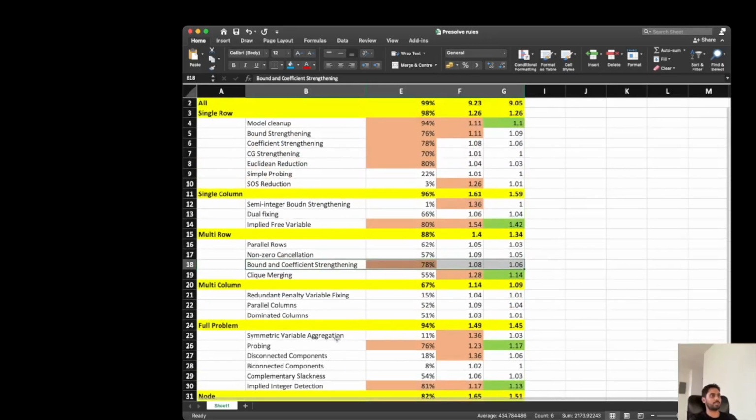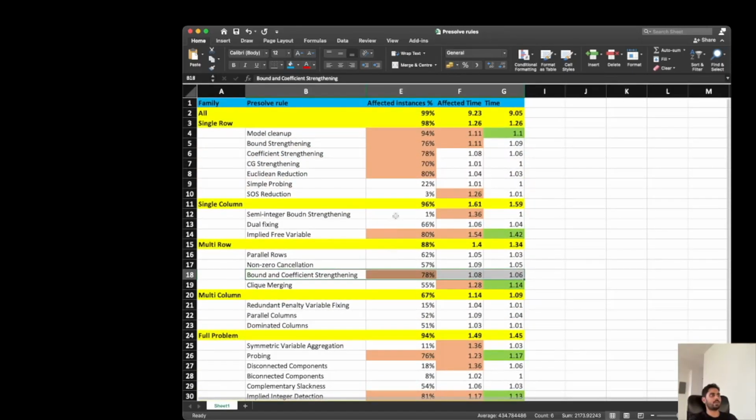A lot of Presolve rules have overall lower impact, but that's because they affect a very small percentage of instances. For example, SOS reductions are not impactful on huge families of instances, but when they are effectful, they bring huge gains, like 26% gain over here.